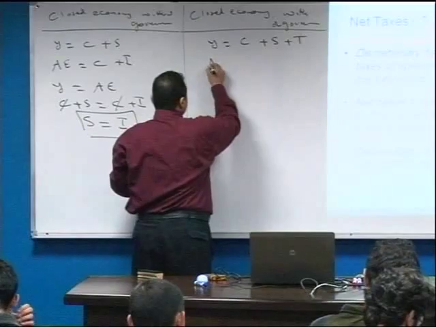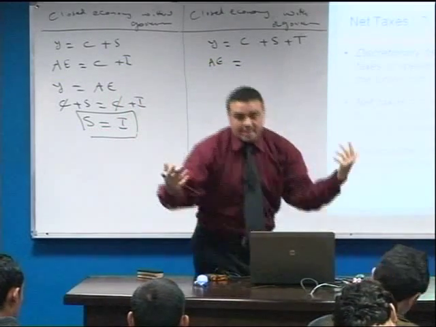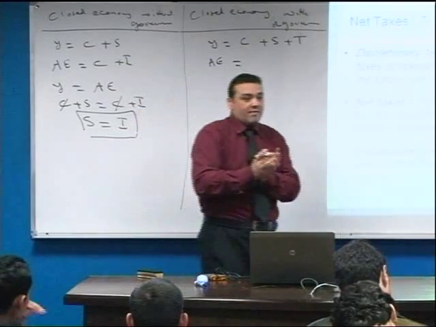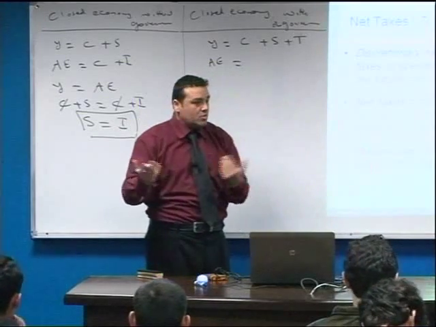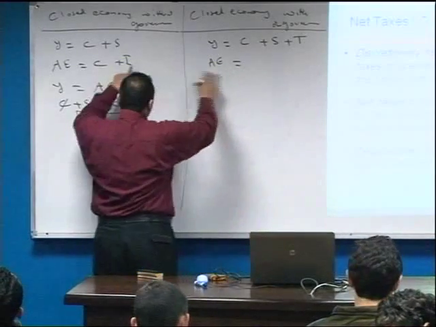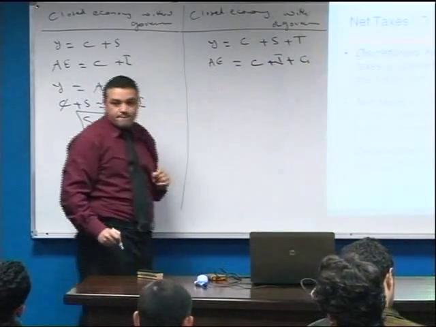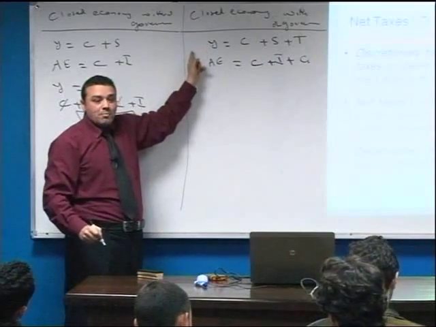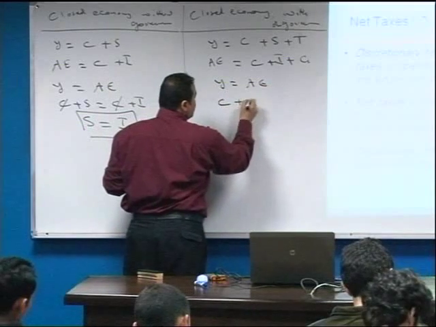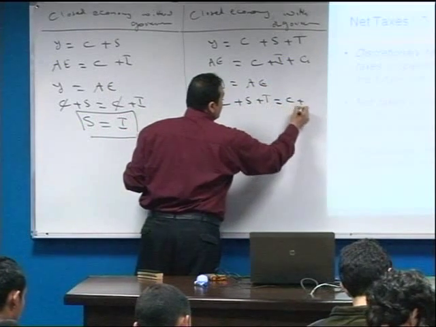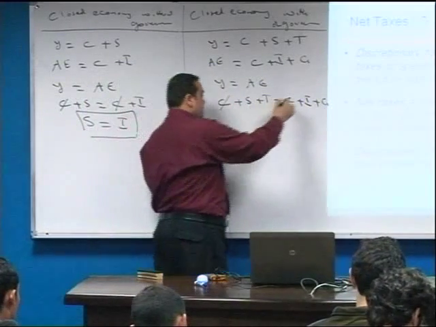What about the aggregate expenditure? Here we must add the government spending, because, as we mentioned before, the government purchases different goods and services, or sometimes invests. So the aggregate expenditure equals C plus I plus G. At equilibrium, Y must equal aggregate expenditure, so C plus S plus T equals C plus I plus G. C is deducted.